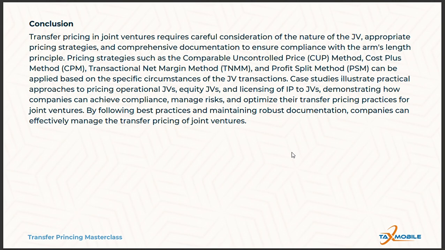They should also maintain comprehensive documentation to support their transfer pricing policies. And by adhering to these best practices, companies can effectively manage the transfer pricing of joint ventures, minimizing tax risks and ensuring compliance across jurisdictions.